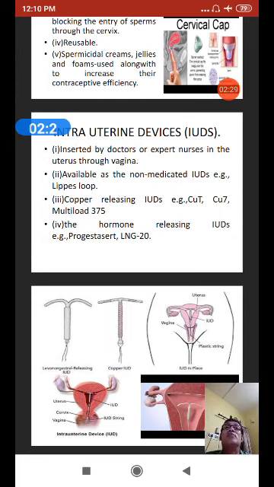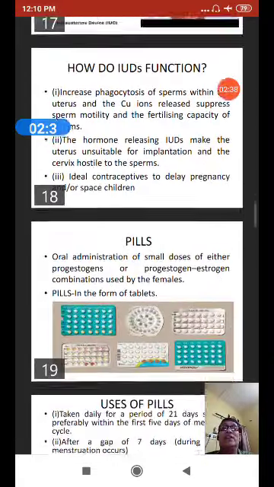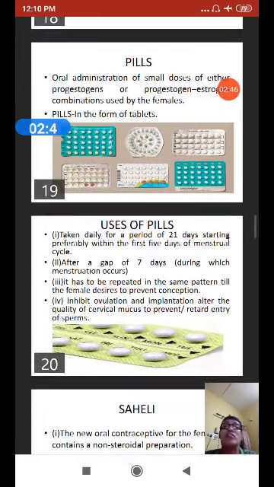The third is the hormone-releasing IUD, progesterone or LNG. Here I have shown you pictures of different types of IUDs. Their function is to increase the phagocytosis of sperms, and the hormone-releasing ones make the uterus unsuitable. It is an ideal contraceptive.